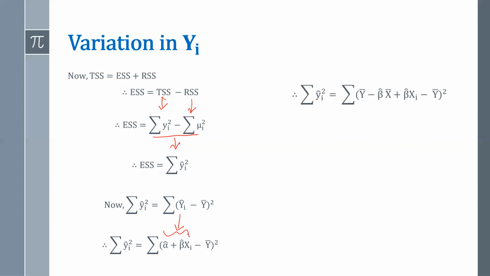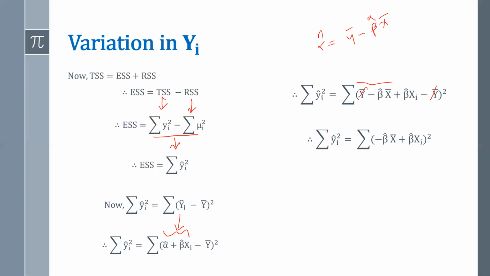Instead of yi hat, I have written alpha hat plus beta hat xi. Now let's substitute the value of alpha hat. So what is alpha hat? Alpha hat is equal to y bar minus beta hat x bar. So instead of alpha hat, I have written this, that is y bar minus beta hat x bar plus beta hat xi minus y bar whole square. So y bar, we can cancel these two terms. So therefore, summation yi hat square is equal to minus beta hat x bar plus beta hat xi whole square.